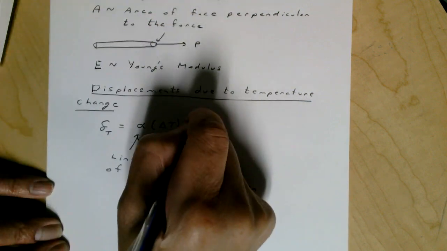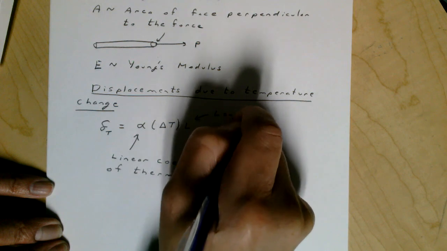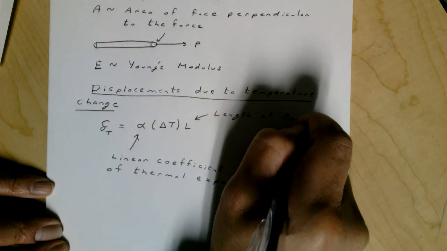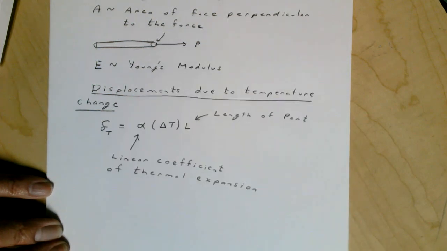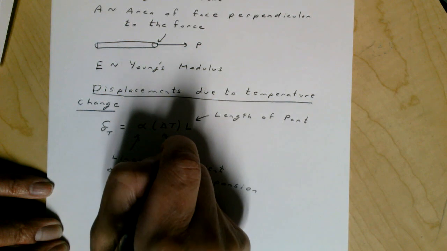L is the length of the part, and delta T, of course, is just the temperature change.